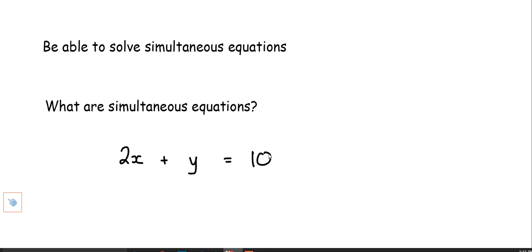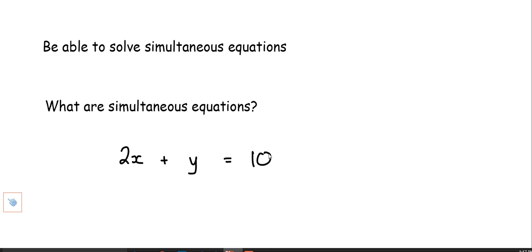Okay. That is the form of the equation that you will normally see for a simultaneous equations question. Right?